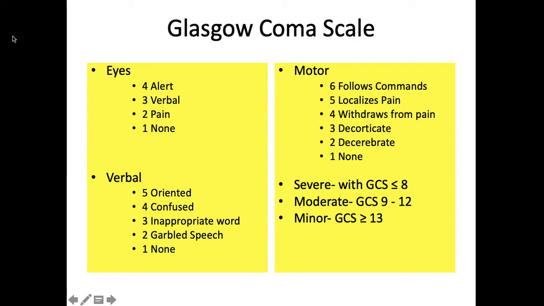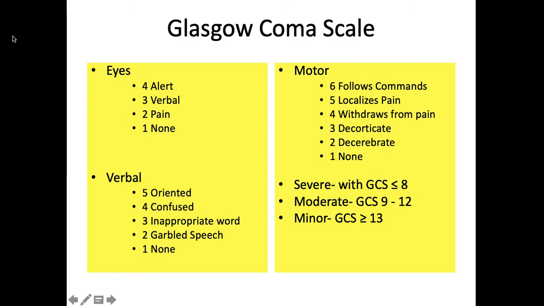So when someone has decorticate or flexion posturing, or decerebrate, which is extension posturing, then I know that their brain is swelling, and I know they have damage to their brain and even their brainstem. It's a very serious injury to this person.